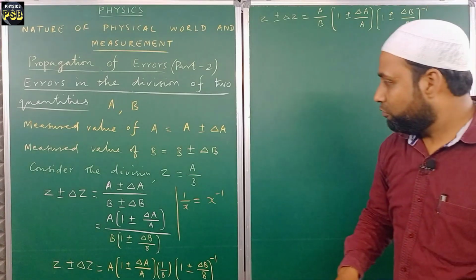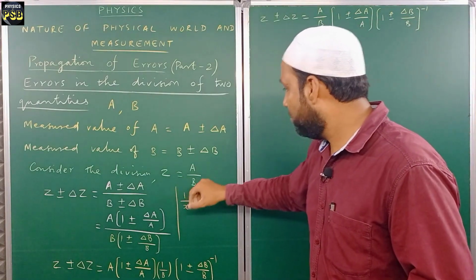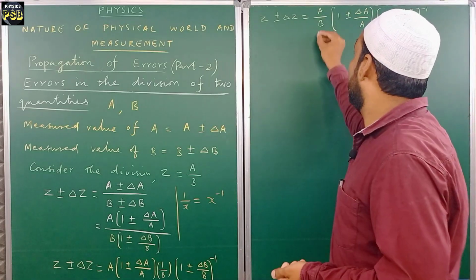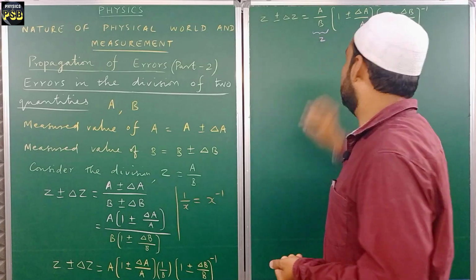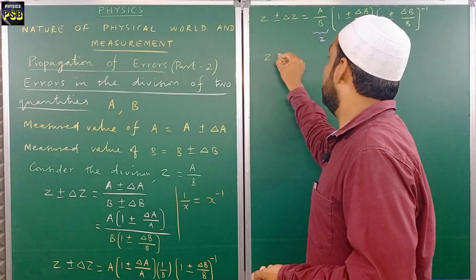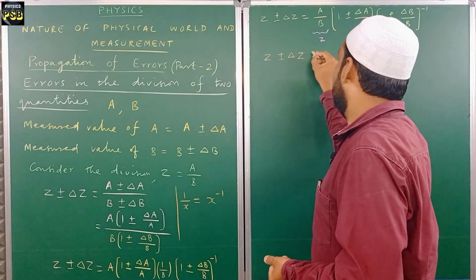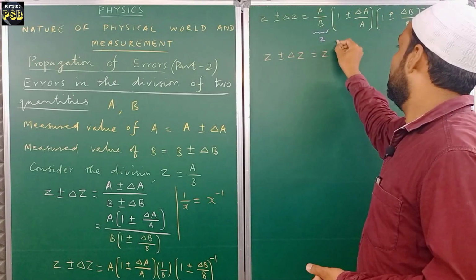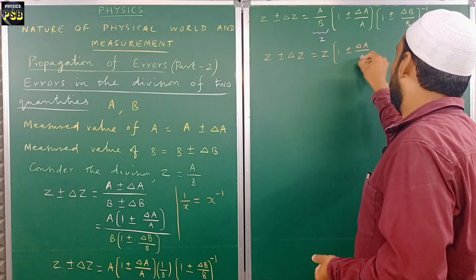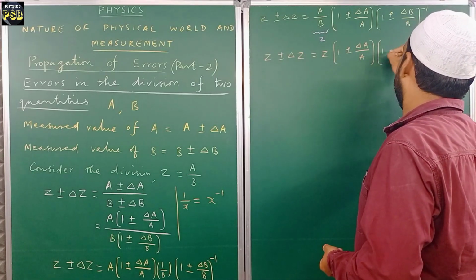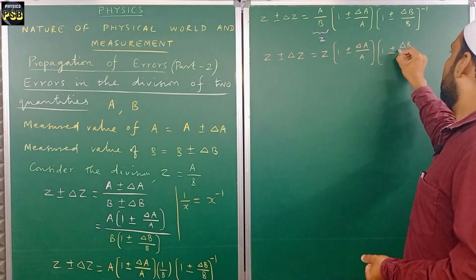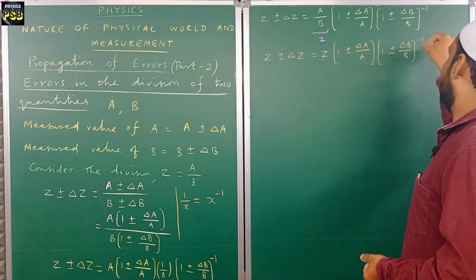We know A upon B is nothing but Z, so in the place of this I can use Z. Z plus or minus delta Z equals Z multiplied with 1 plus or minus delta A upon A, and this term 1 plus or minus delta B upon B, power minus 1.